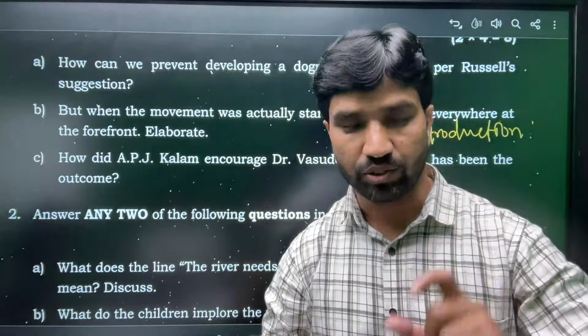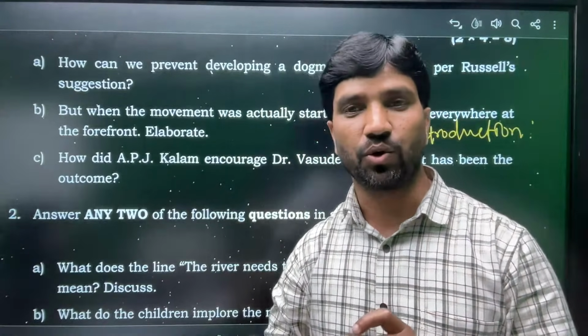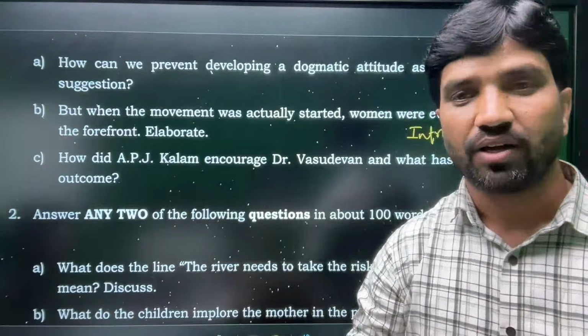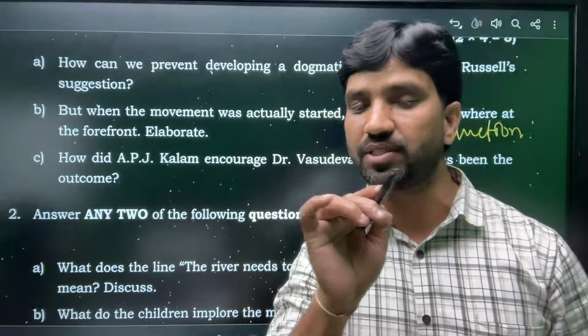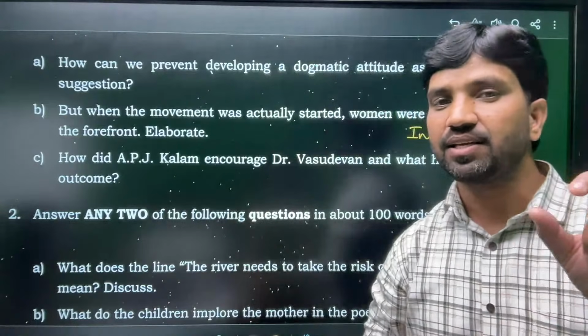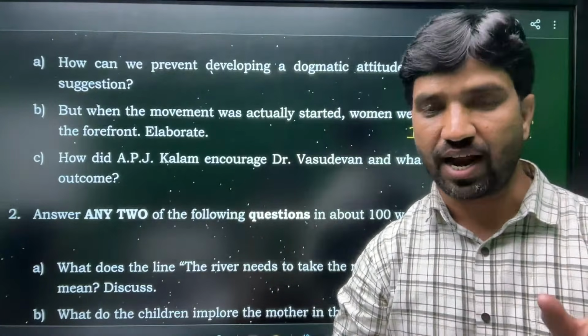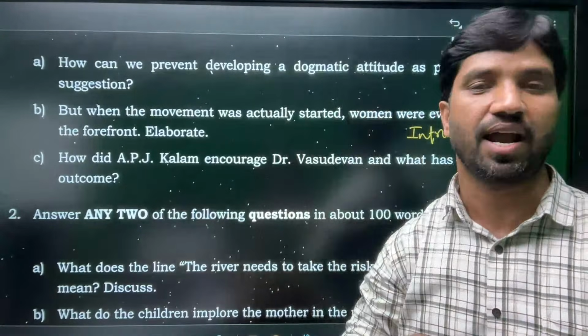So write that this question has been taken from the lesson so-and-so, write the lesson name enclosed in inverted commas and underline it. The next one is written by the writer's name. Write the writer's name and underline it.